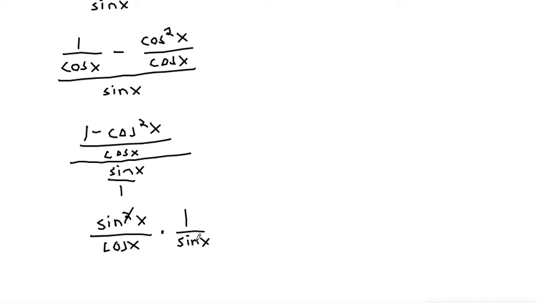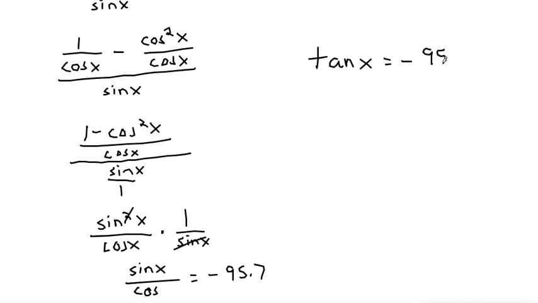Now this factor of sine can cancel out with that factor of sine, leaving us with sine x over cos x equal to our number. Keep in mind that tan is sine over cos, so we simplified all of that craziness down to just tan x equal to negative 95.7.